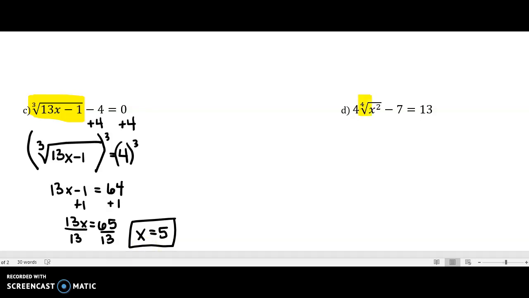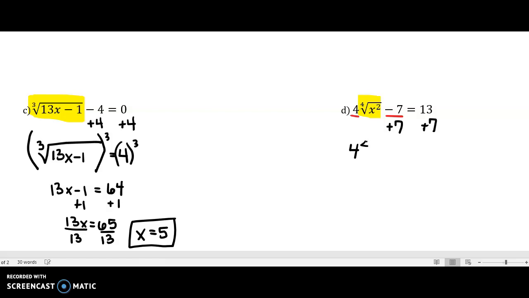Okay, here. This is what needs to be by itself. So that means that this 4 and this minus 7 have to go. So where do we start? We always start with addition and subtraction. So that means the minus 7 has to go. So I'm going to add 7 to both sides.